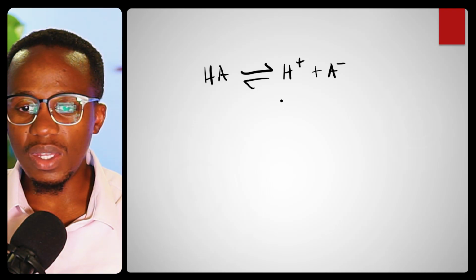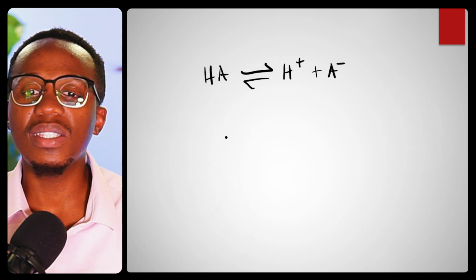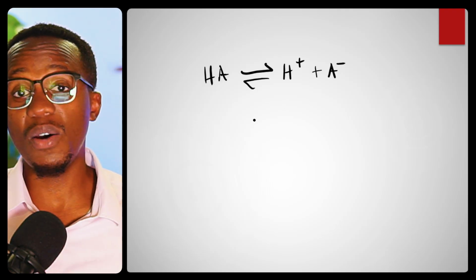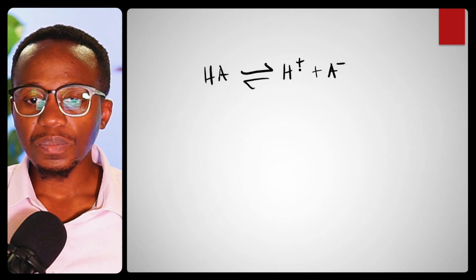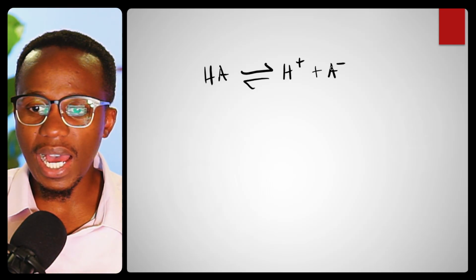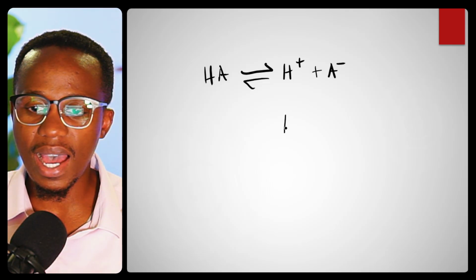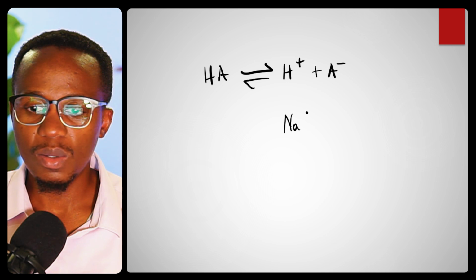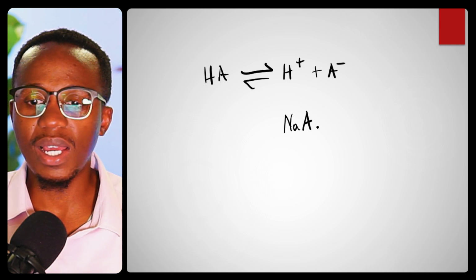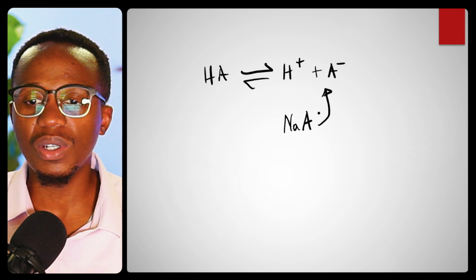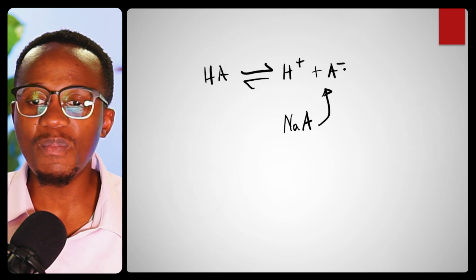So the common ion effect is telling us that if you add, and I want you to think about this, if this is the common ion, A-, and then I add Na+A-, that means that I added more of A-.